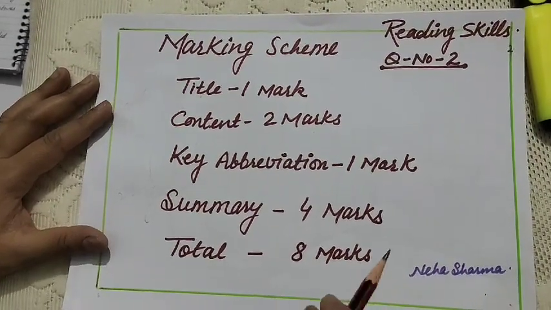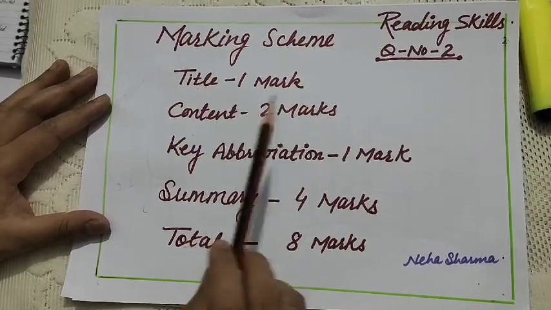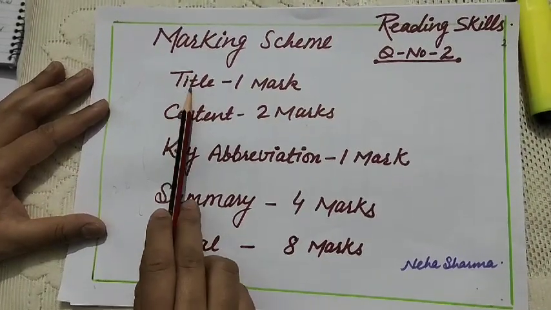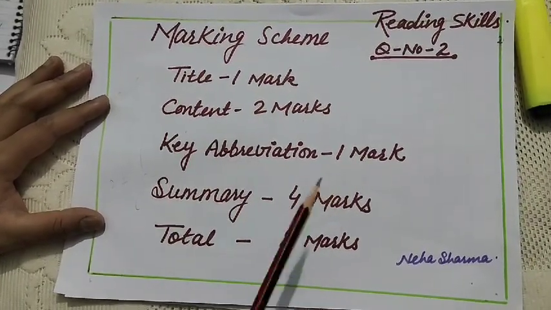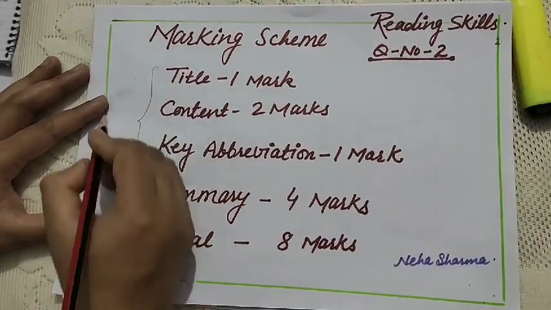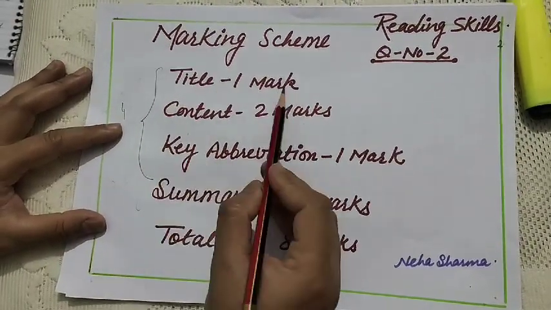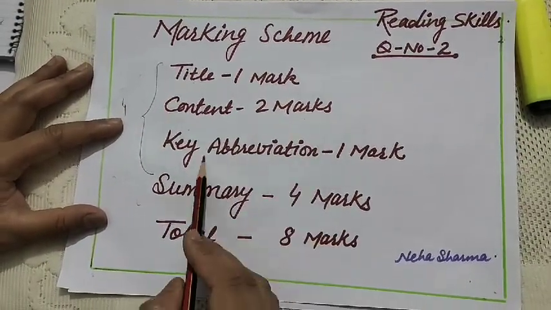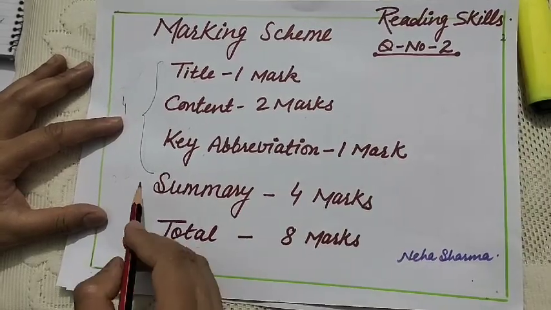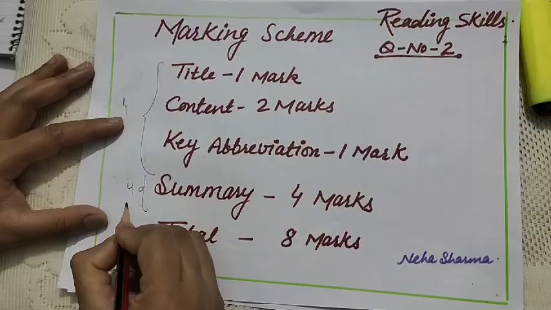Let's look at the basic features of note making, but first of all, let's have the format of that. This question is of 8 marks total and it's divided into 2 parts. The first part carries title 1 mark, content 2 marks, key abbreviation 1 mark, and the second portion, that is summary, is again of 2 marks.